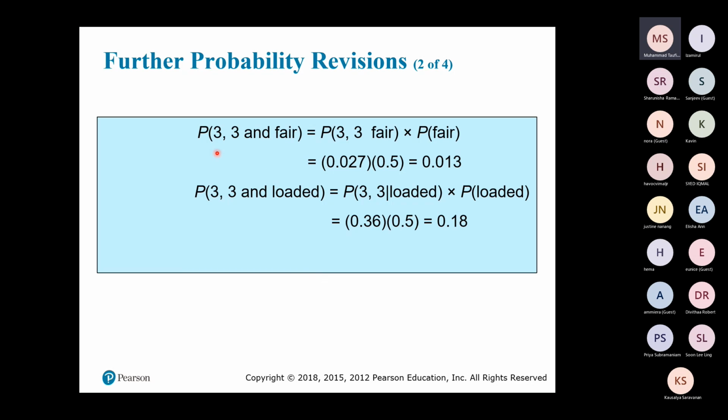Jadi apakah kemungkinan untuk kita dapat 2 kali nombor 3 bila kita baling dadu yang normal? Okey, misal kita kena pilih dadu yang normal daripada 2 dadu yang ada. Kemudian kita buat 2 kali balingan, 2 balingan kita dapat nombor 3.